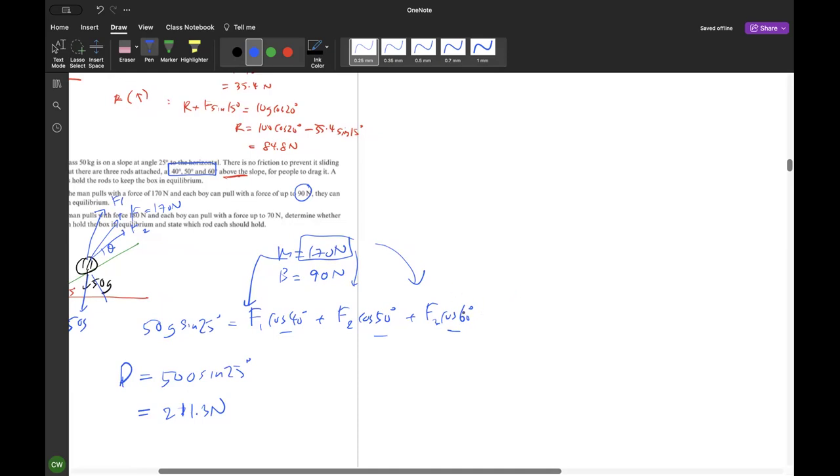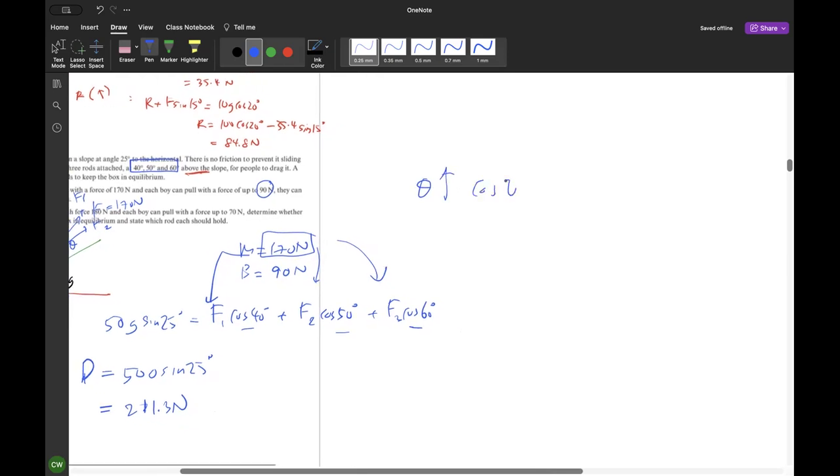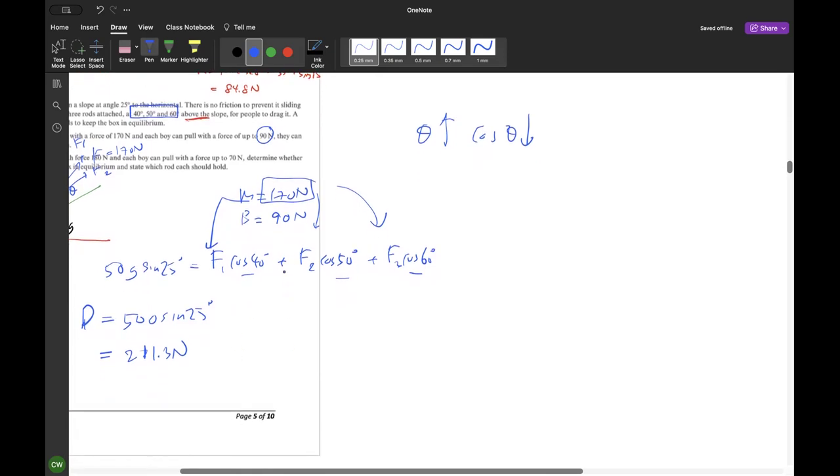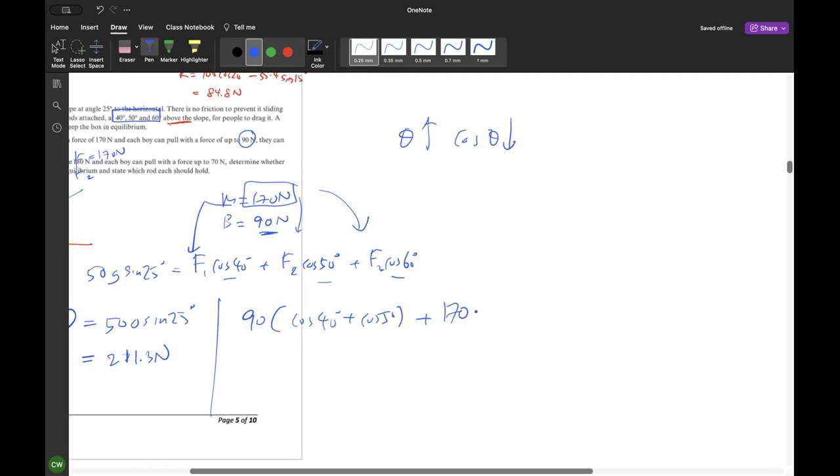This value is the smallest one. As the angle increases, cos theta decreases. This is the smallest, and the two forces are the same because both are boys. So it's 90 times cos 40 plus 90 times cos 50 plus the largest force with the smallest cos theta.